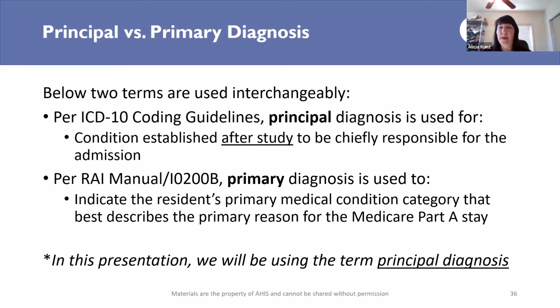But in the RAI manual, in particular line item I0200B, that is the primary diagnosis. That is the resident's primary reason for coming in for a Medicare Part A stay. You will see this box on the MDS for the 5-day for your Medicare A's and for your interim payment assessment.